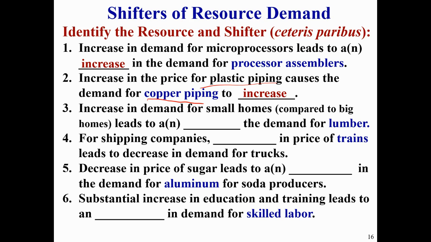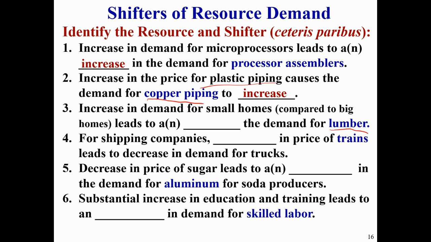Now, an increasing demand for small homes compared to big homes leads to an increase or a decrease in the demand for lumber? Remember, lumber is a material that produces homes. We are in the United States, we're not in Brazil.